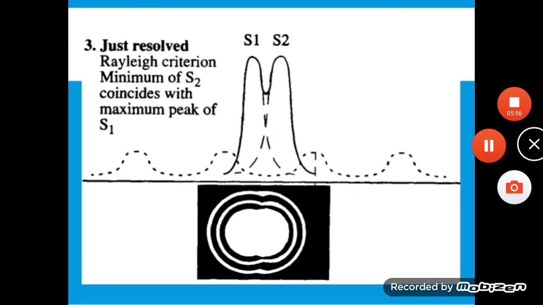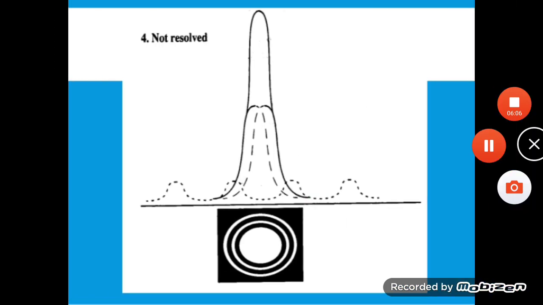But this is the condition of just resolved, the Rayleigh criteria: the minimum of S2 coincides with the maximum peak of S1. This is the condition of not resolved, where both the sources interfere with each other.